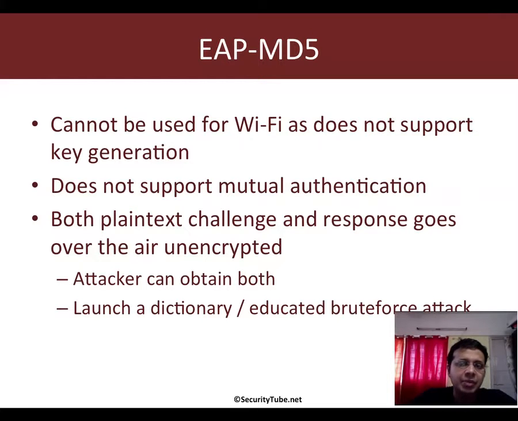At the very same time, as you've seen, both the plain text challenge as well as the hashed response are over the air totally unencrypted. This is a problem because an attacker can go ahead and sniff both the challenge as well as the response and then go ahead and pass it through various dictionary or educated brute force attacks.